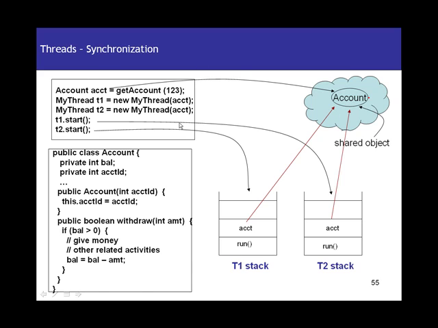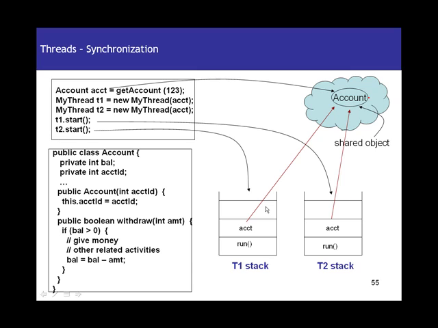So if T1 is modifying the details of the account, T2 will also reflect the same details, and if T2 is modifying some details, the same information will be reflected in T1 as well.